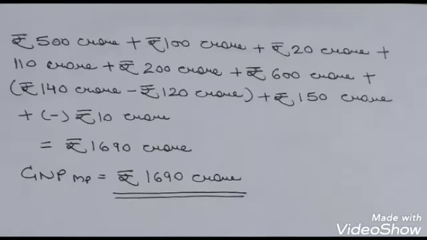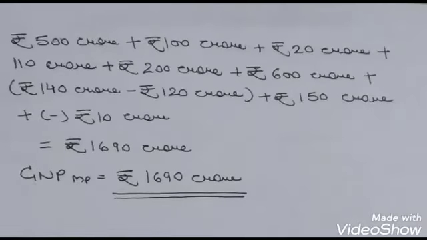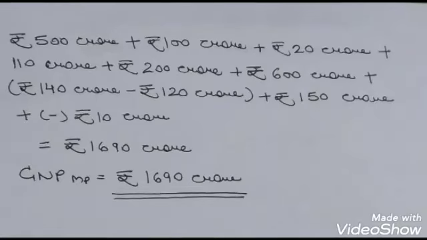And now we are going to calculate consumption of fixed capital. Our gross domestic capital formation is rupees 140 crore and net domestic capital formation is rupees 120 crore. If you deduct 120 crore from 140, then children you get rupees 20 crore.